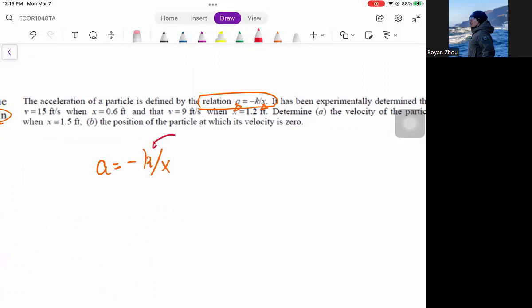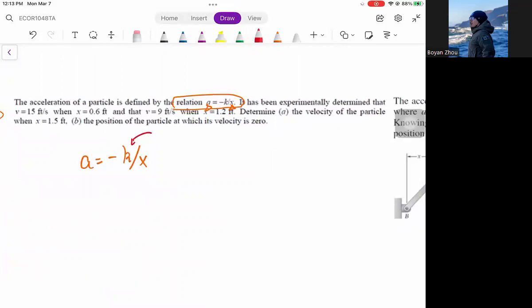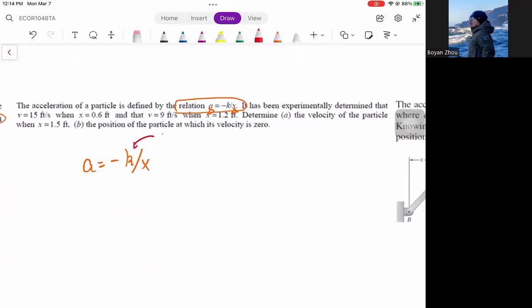The k here is a constant, and it's also an unknown.